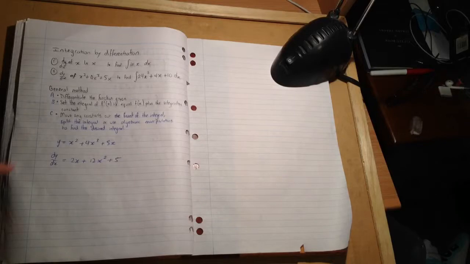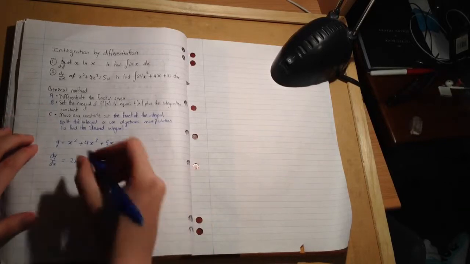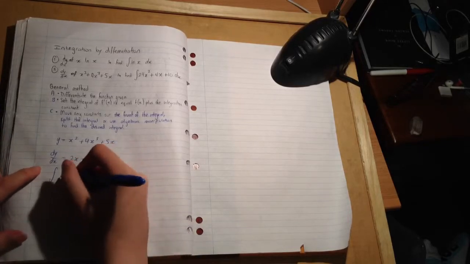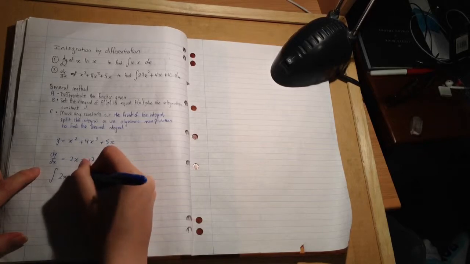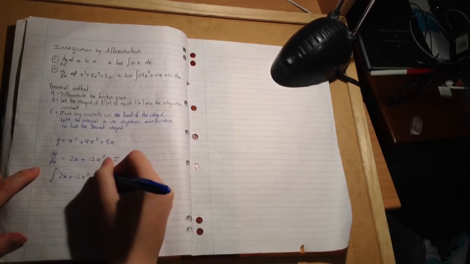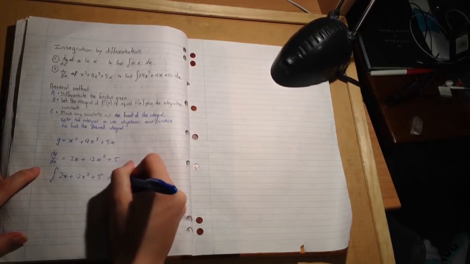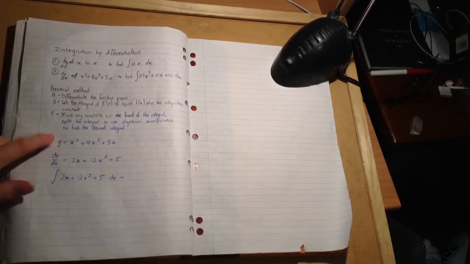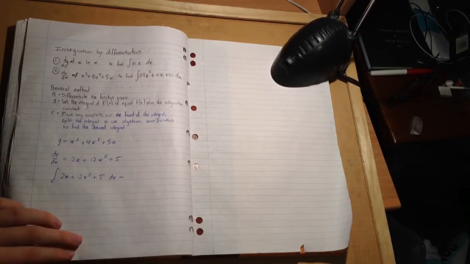Okay, so what we do is we move on to step B, set the integral of the f prime of x. So we write that expression, the dy dx, the f prime of x, under the integral sign there. And then we set it equal to the f of x plus the integration constant c. So we set it equal to y, obviously, it's just a notation I'm using there.